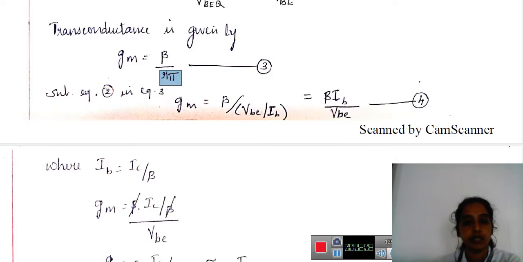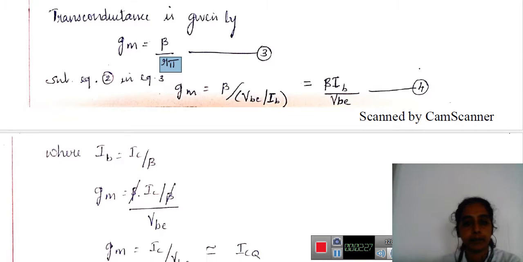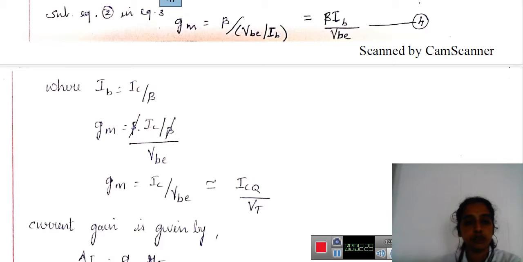So we know that IB equal to IC by beta, or IC is equal to beta into IB. So here Gm, transconductance, equal to beta, and substitute the value of R pi as VBE by IB. So I get Gm is equal to IC by VBE.